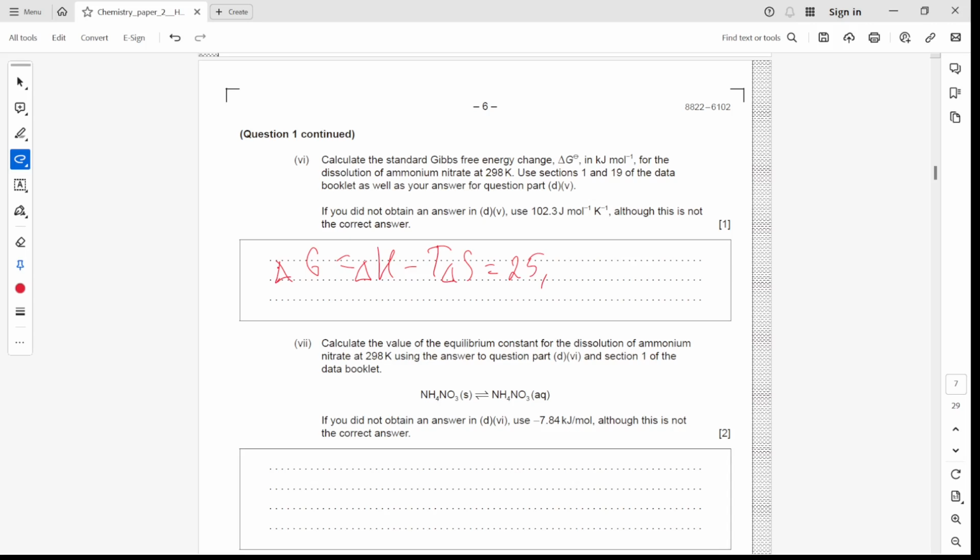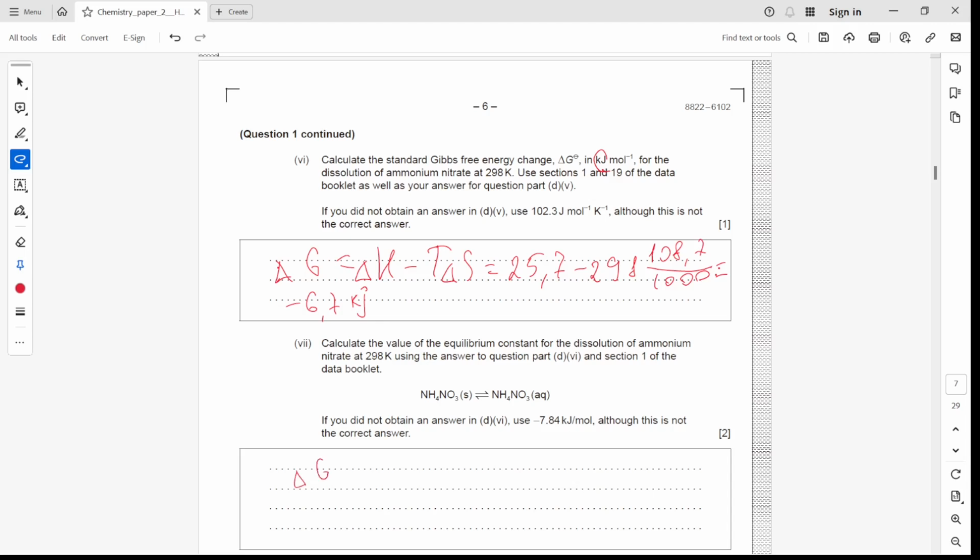Delta H for this process, 25.7 from the booklet, minus the temperature, 298, and the entropy is 108.7 divided by 1000, because entropy is in joules and we need to answer in kilojoules, and this is going to give us minus 6.7 kilojoules, and we need to calculate the constant.